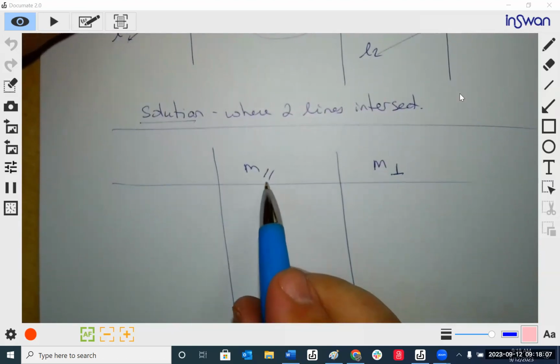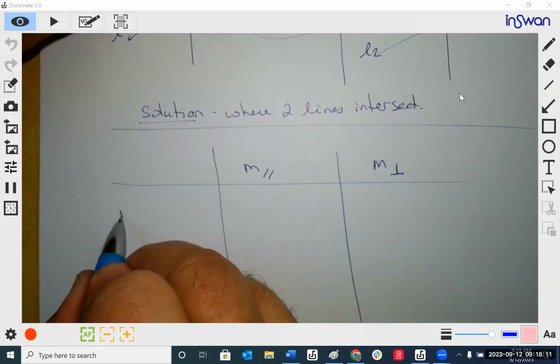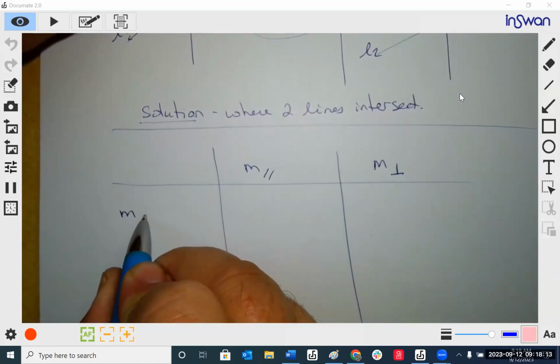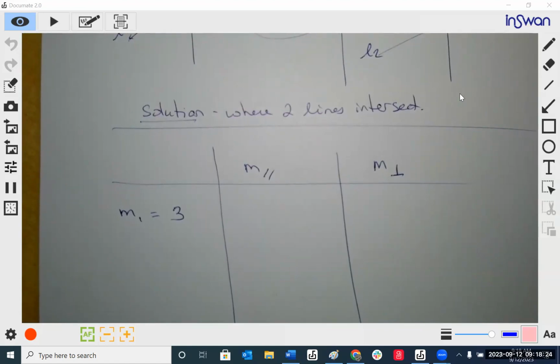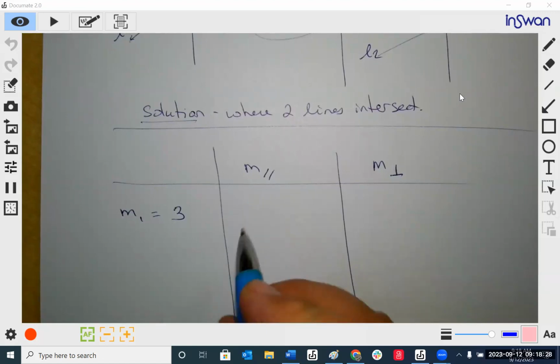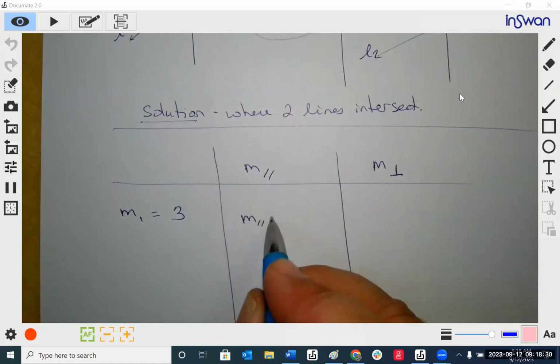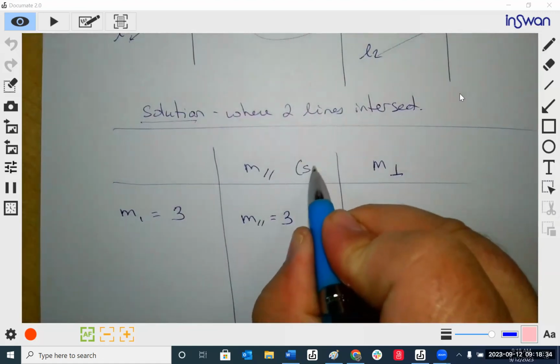I want you to tell me the slope parallel and the slope perpendicular. I'm going to give you some slopes and you're going to tell me what they are. Here's slope of line 1 equals 3. So tell me the slope parallel to it. Because it's the same.